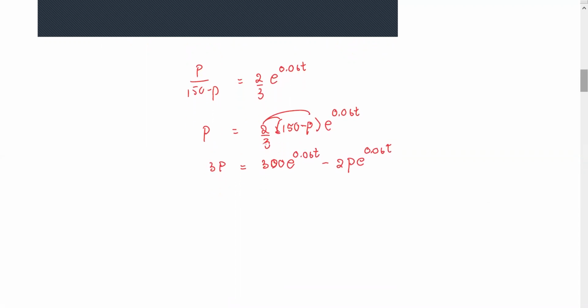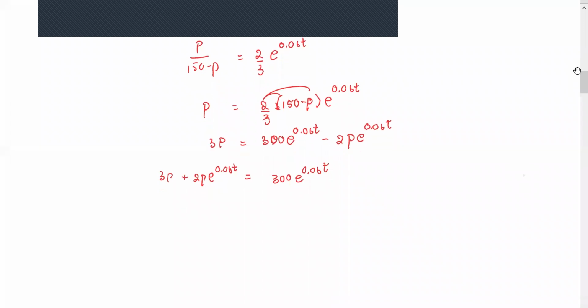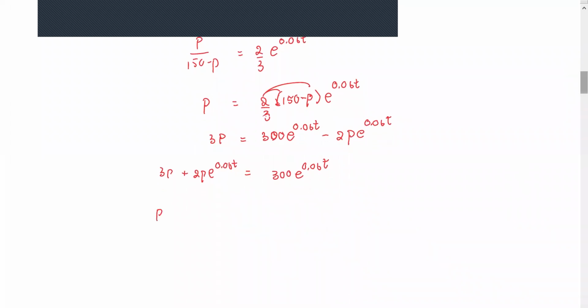Collect the terms involving P to get 3P plus 2P e to the 0.06 t equals 300 times e to the 0.06 t. Factor P out to get P times (3 plus 2 e to the 0.06 t) equals 300 e to the 0.06 t.